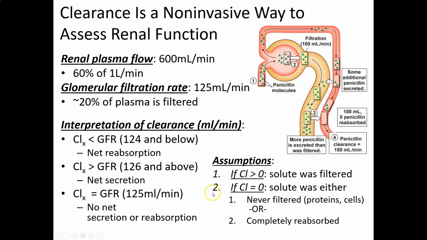Now, there's a couple other things to kind of talk about. And we're not going to worry too much about some of these other situations. So as an example, what would the clearance of protein be? I'll give you a second to think about it.